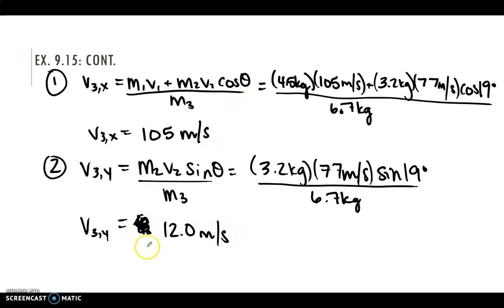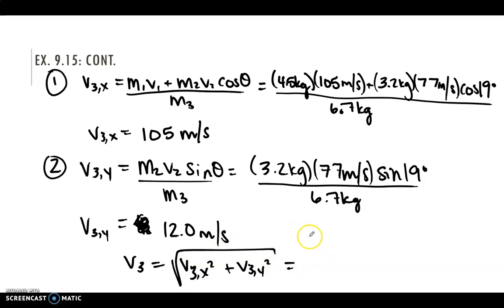Now if we want to solve for the overall V3, we'll have V3 comma x squared plus V3 comma y squared, square root that. So we'll have 105 squared plus 12.0 squared, square rooted.